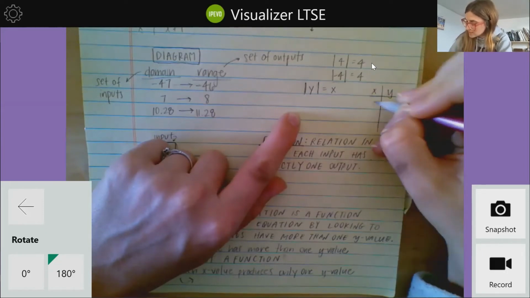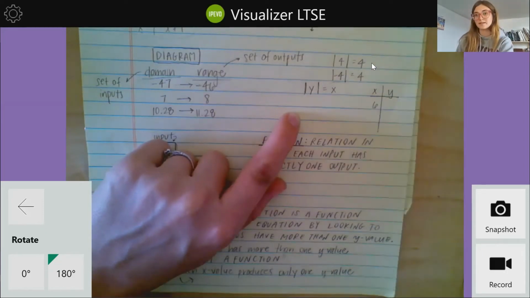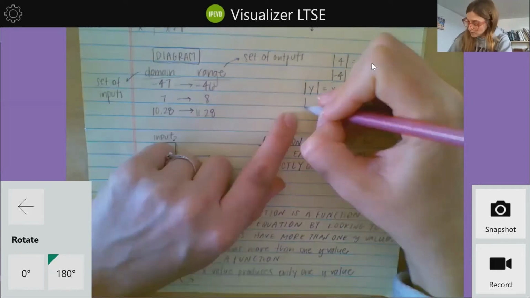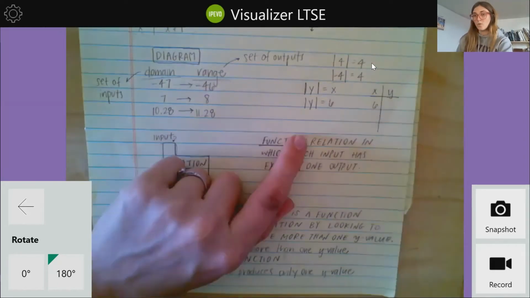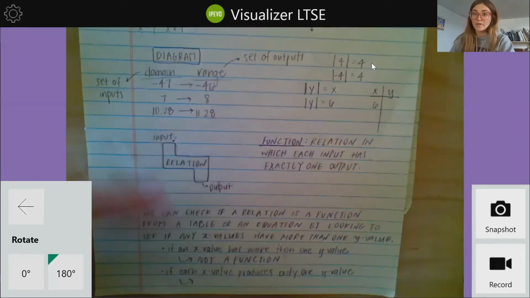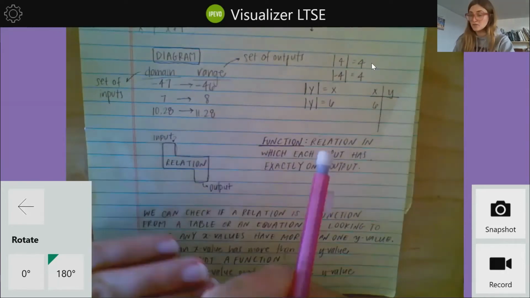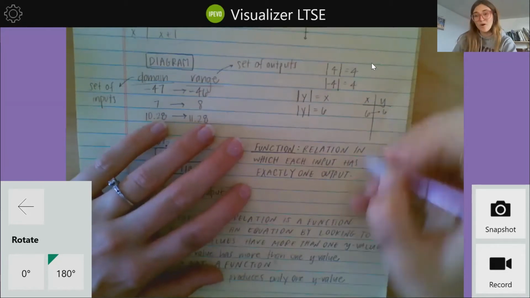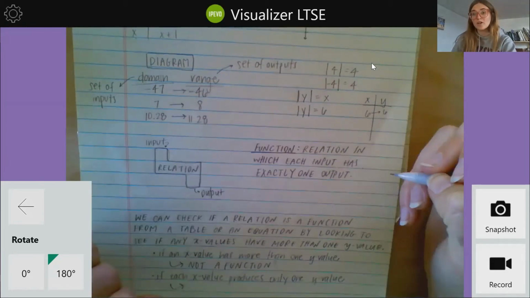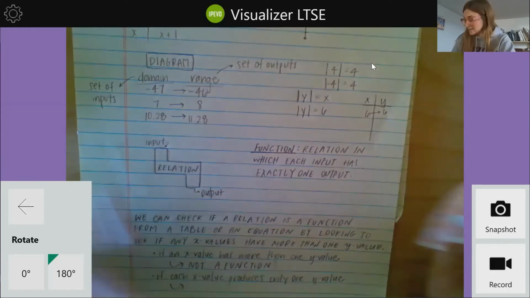So if I choose 6, so I say the absolute value of y is 6. Well, I know the absolute value of 6 is 6, so that would work. But I also know that the absolute value of -6 is 6.